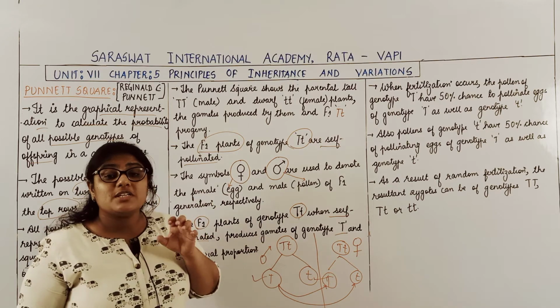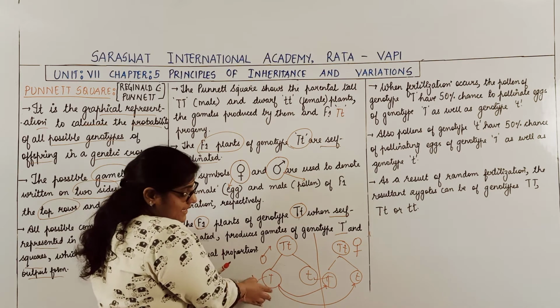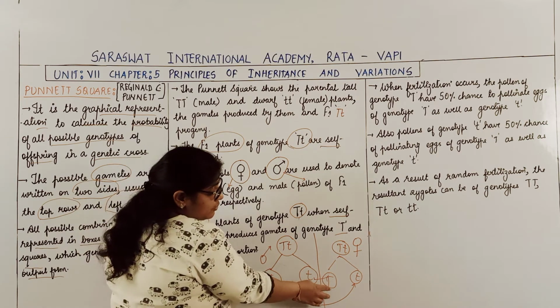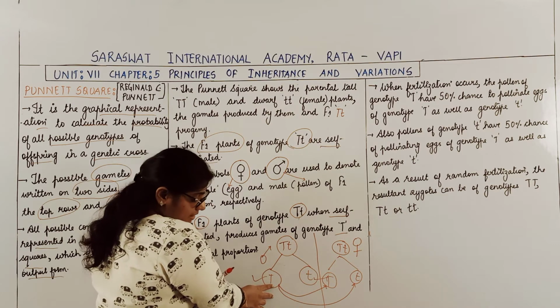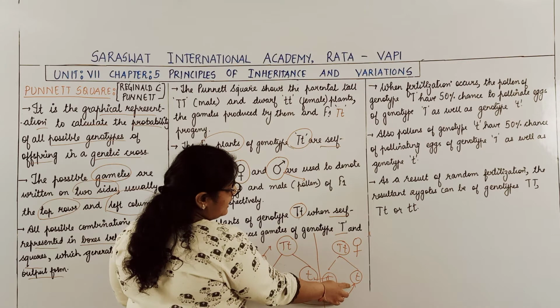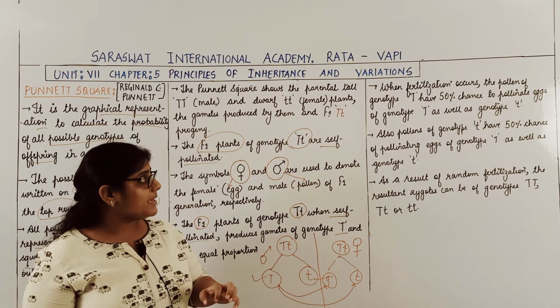So students, what does this indicate? This particular gamete can either fuse with this egg, or this male gamete can fuse with the egg containing the genotype small t. Are you getting my point, students?